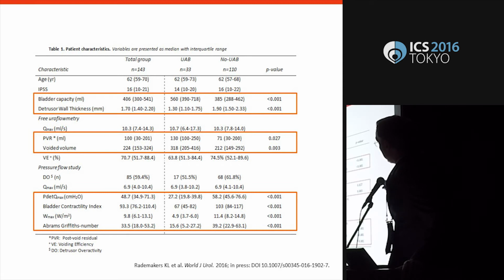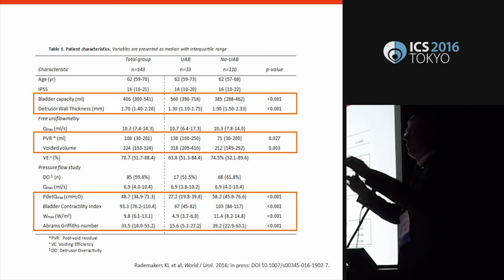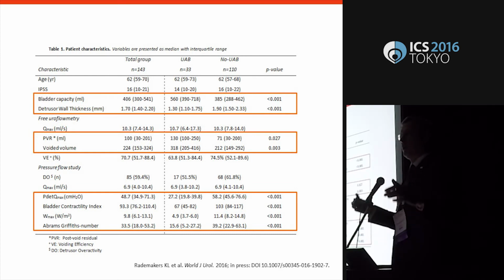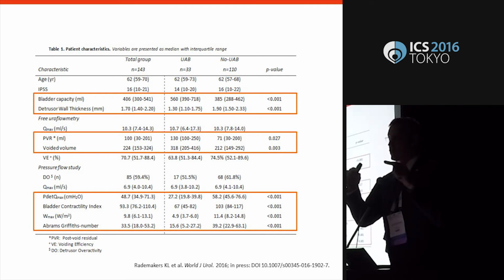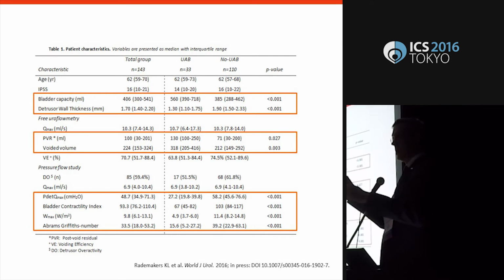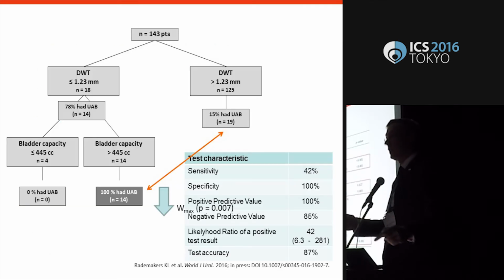So we classified this as a clinical diagnosis. And we had DUA, so this was our clinical diagnosis, and no DUA, and you see significant differences in bladder capacity, detrusor wall thickness, post-void residual volume, and all these parameters. So now we put everything in the computer, and the computer is asked to find the tests and the thresholds to predict our clinical diagnosis of detrusor underactivity.